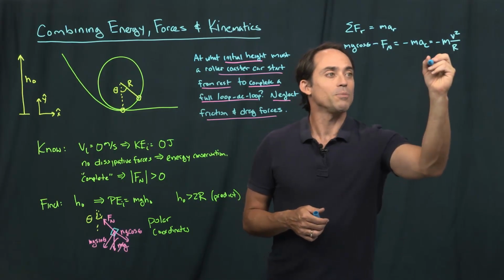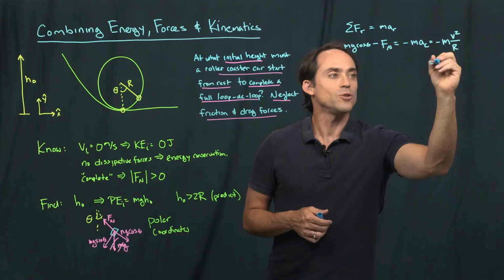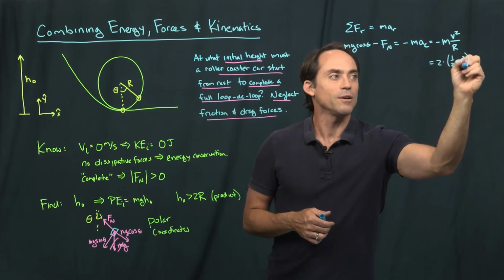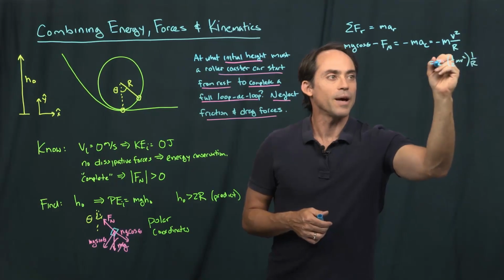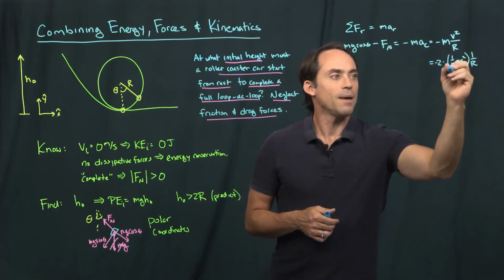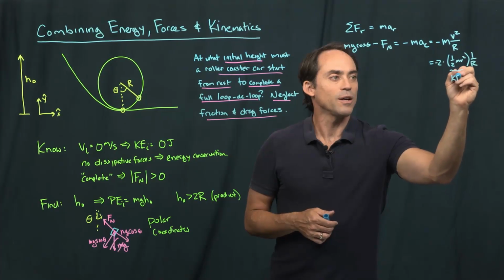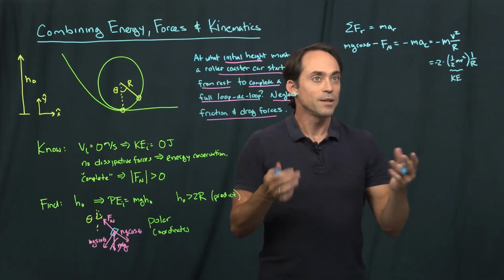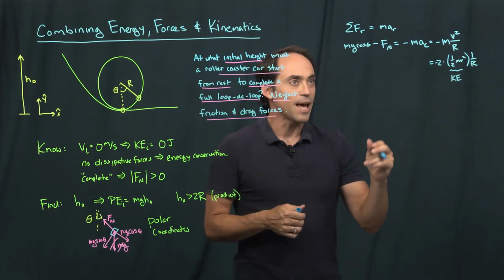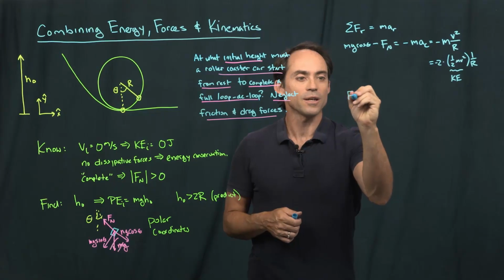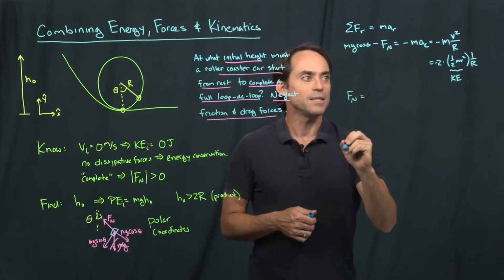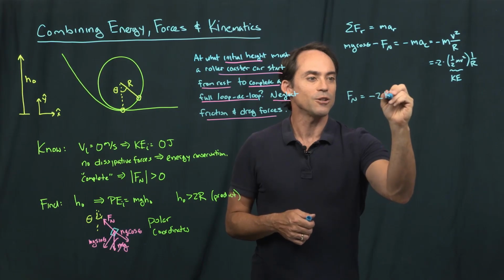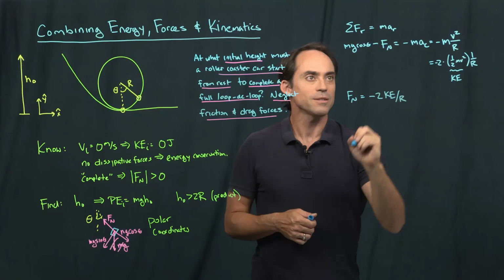And so, in fact, we can replace this with 2 times 1/2 mv squared divided by r, and there's a minus sign out in front there. And that means that this term is just equal to our kinetic energy at the point that it is along its circle.